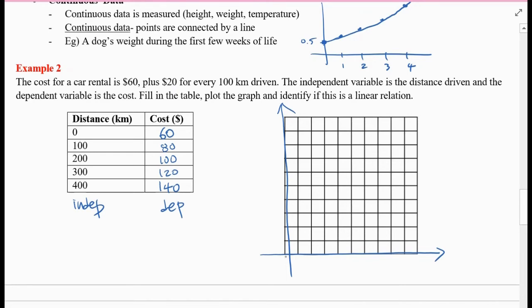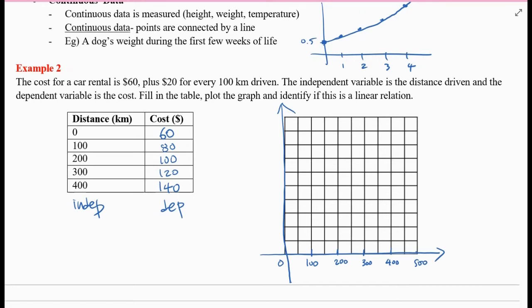I'm going to start from 0, increasing by 50, then 300, 400, 500.